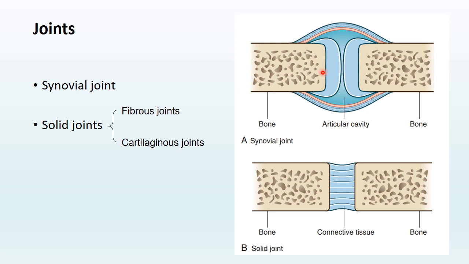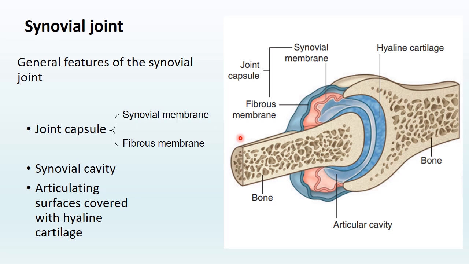Basically, there are two types of joints. Either joints with a cavity that separates the articulating surfaces, called synovial joints, or the two articulating surfaces are connected by connective tissue, and this type is called solid joints, which we will discuss later.